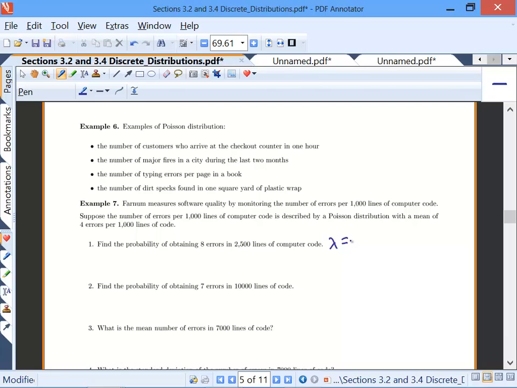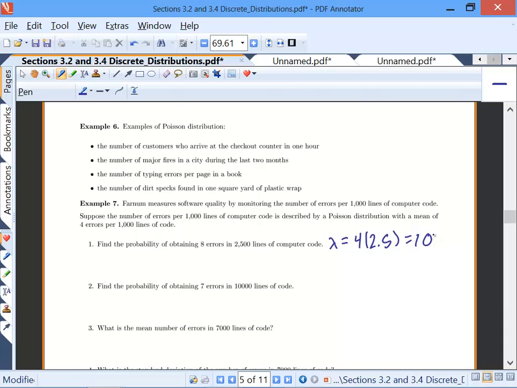Why? Because we expect 4 per 1,000 lines, so times 2.5 gives 10. If you expect 4 in 1,000 lines of code, then in 2,500 lines of code you'd expect 4 times 2.5, which is 10. That's the hardest thing about the Poisson: for almost every problem you have to find a new lambda, because they might change the number of lines of code.